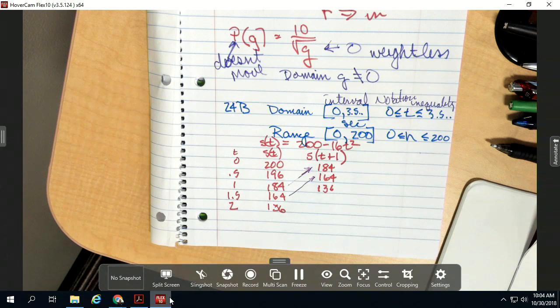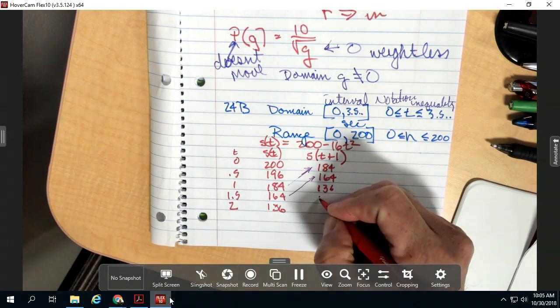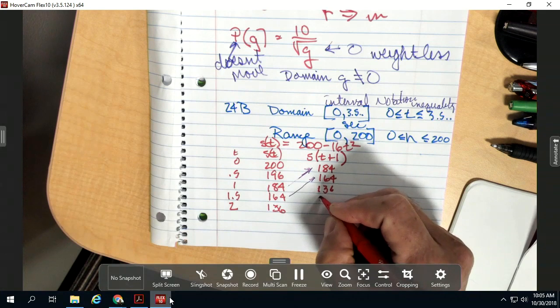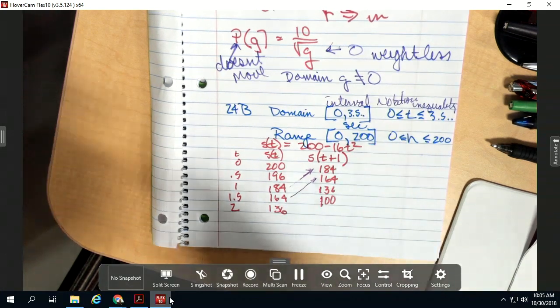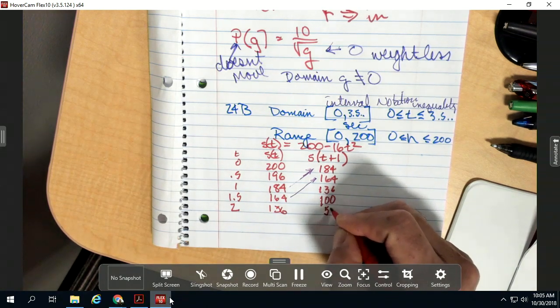And we get how much? $100. And for the last one, 200 minus 16 times what squared? 3 squared, and we get 56 feet.